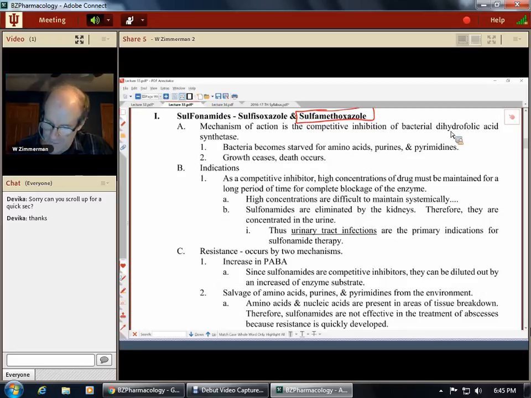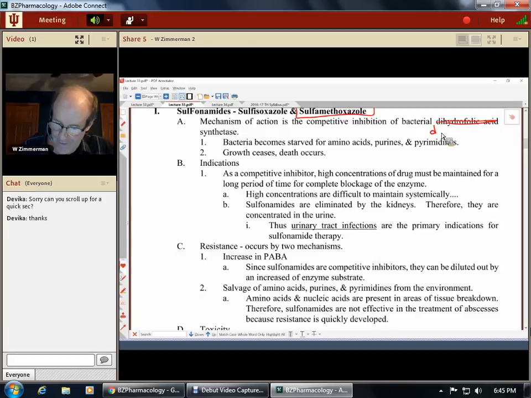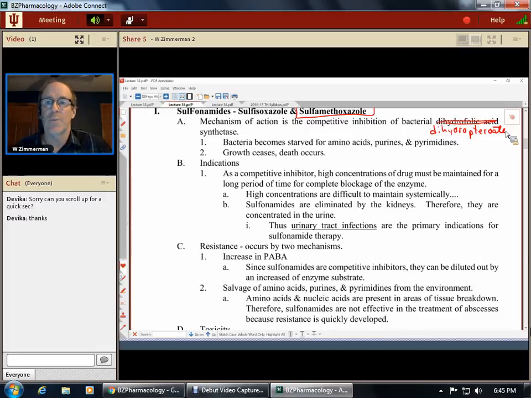I've still got the wrong enzyme listed here. But with that, bacteria become starved for amino acids, purines, and pyrimidines. They can't do those 1 carbon transfers that are needed. And growth ceases, death occurs.